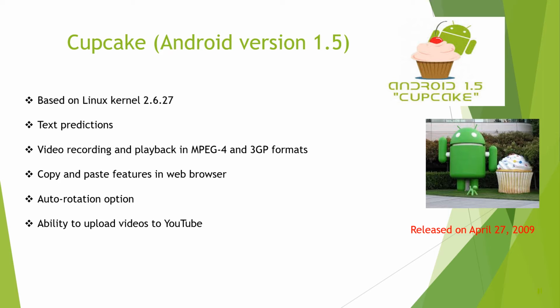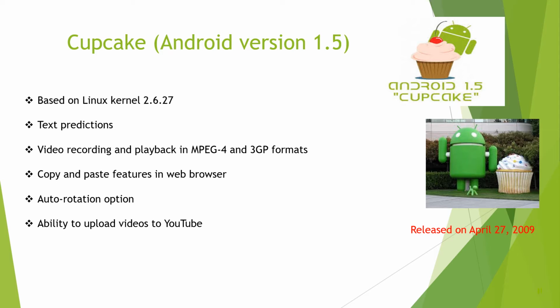So the next Android version 1.5 was also known as Cupcake, released on April 27, 2009. This was the first release to officially use a code name based on a dessert item. Henceforth, all the Android versions will be named after a dessert. So in Cupcake, there were new features and UI enhancements added.